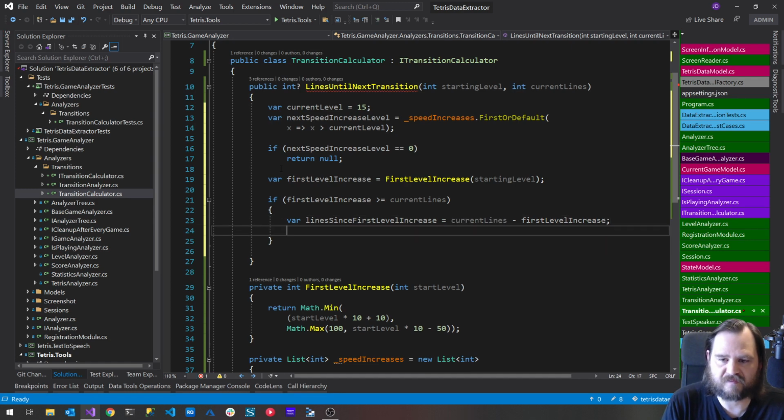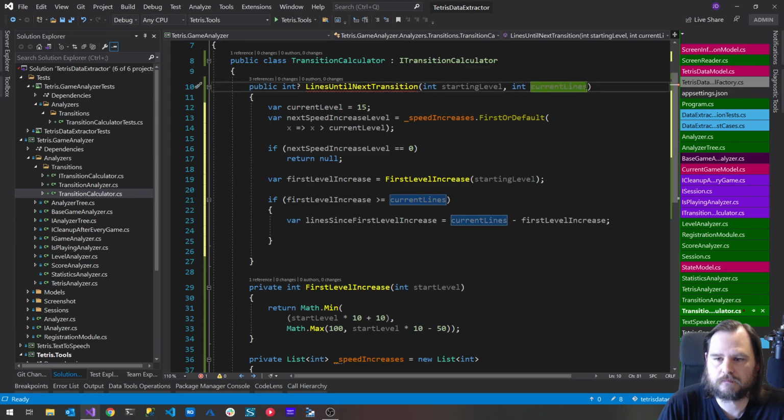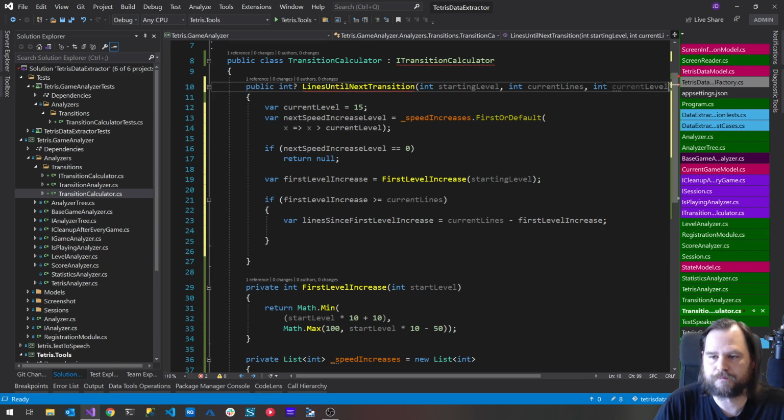And actually, we have our current level, you know what, let's bring in the current level as well.